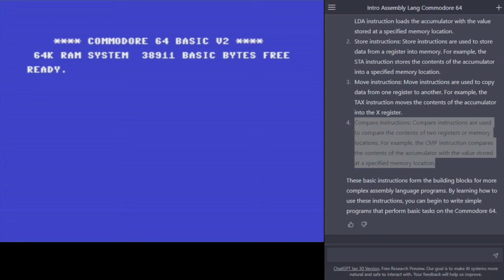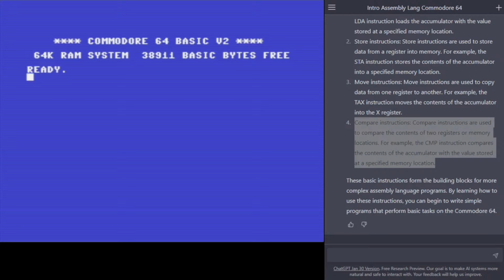Compare instructions. Compare instructions are used to compare the contents of two registers or memory locations. For example, the CMP instruction compares the contents of the accumulator with the value stored at a specified memory location. Okay, no, this actually contradicts what I was saying before, because it can do something with the accumulator and a memory address.